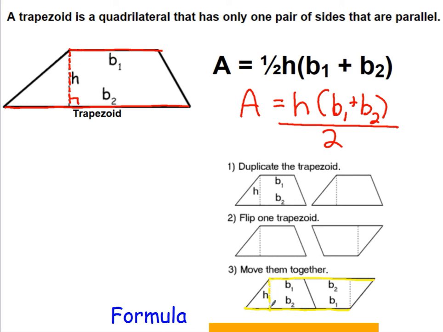Now, if I take base 1 and add it to base 2 and then divide it by 2, I'm going to find out exactly how long half of them is together. And when I find out what half is, it's going to show me the area for just one of the trapezoids. So once again, base 1 plus base 2, you multiply it by the height, and then you do need to divide by 2, otherwise you're going to get the area of 2 trapezoids instead of just 1.